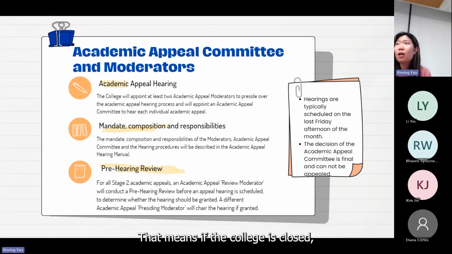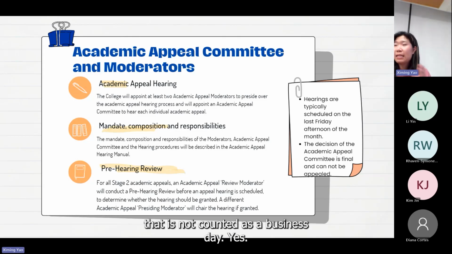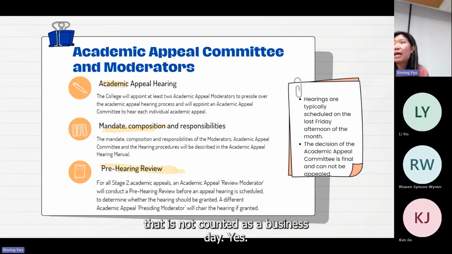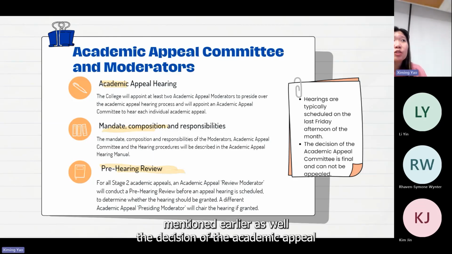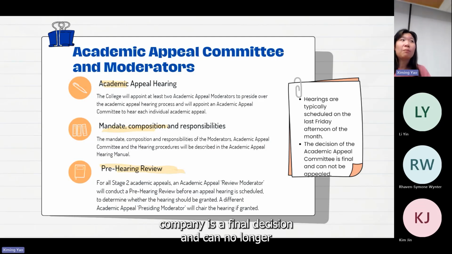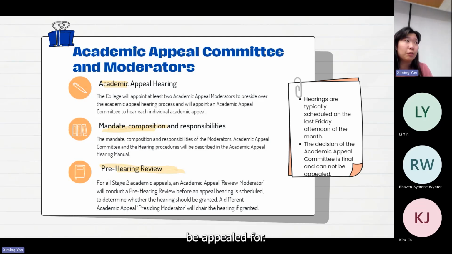That means if the college is closed, that is not counted as a business day. Good question, thank you. This was mentioned earlier as well: the decision of the academic appeal committee is a final decision and can no longer be appealed.